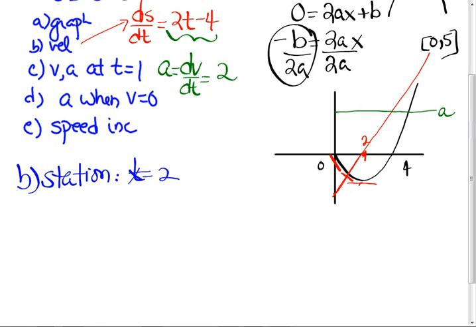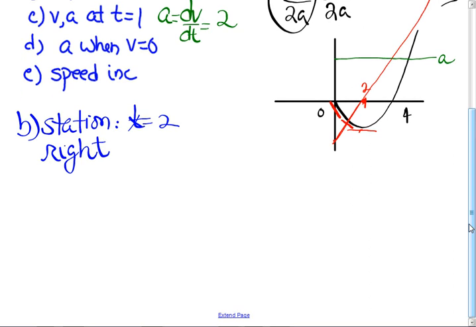And then it says, when is the object moving to the right? Now, I always say why first, because then I know what to do. When is the object moving to the right? How do you know it's moving to the right? The velocity is what? Positive. That's your justification on your exam: v is greater than 0.